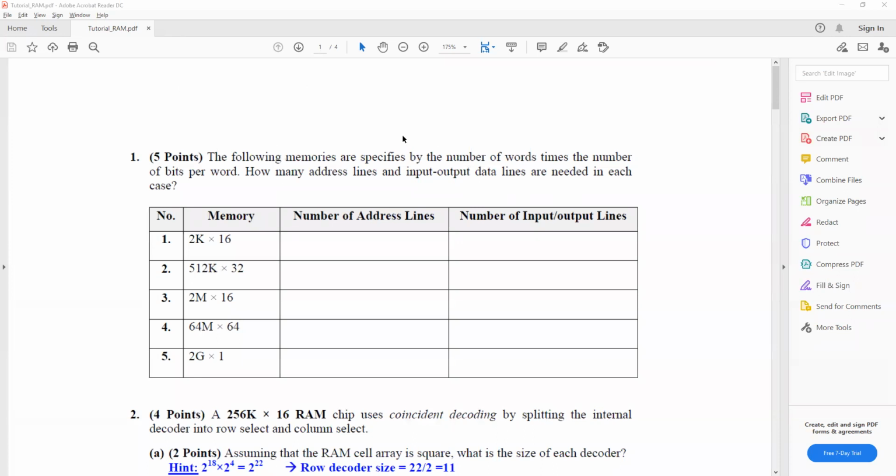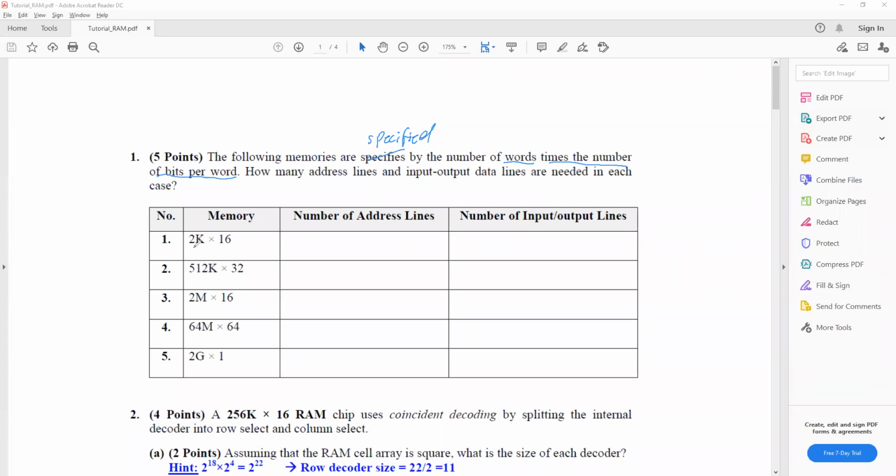طيب, so for question 1, it says the following memories are specified by the number of words times the number of bits per word, like we usually write the memory.